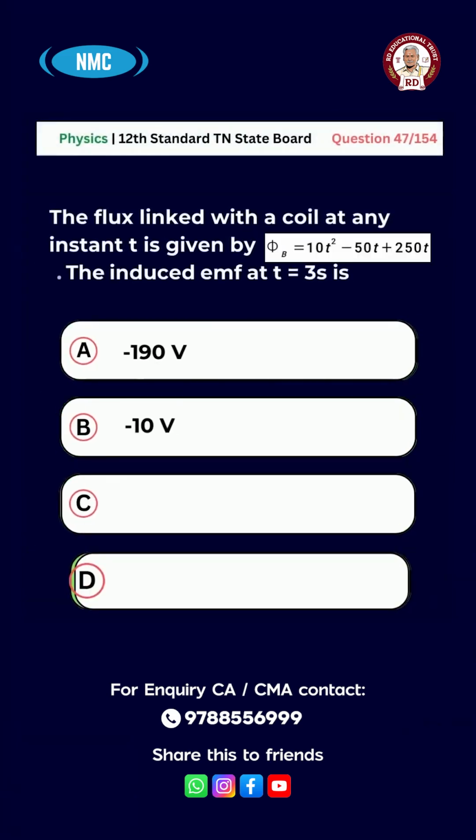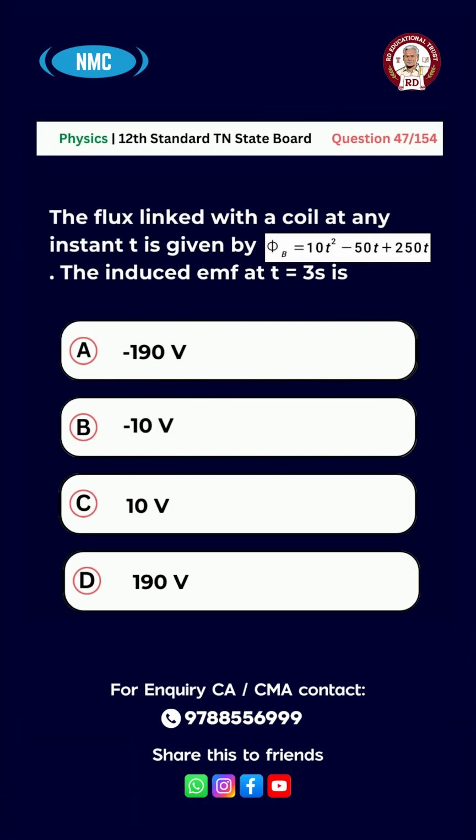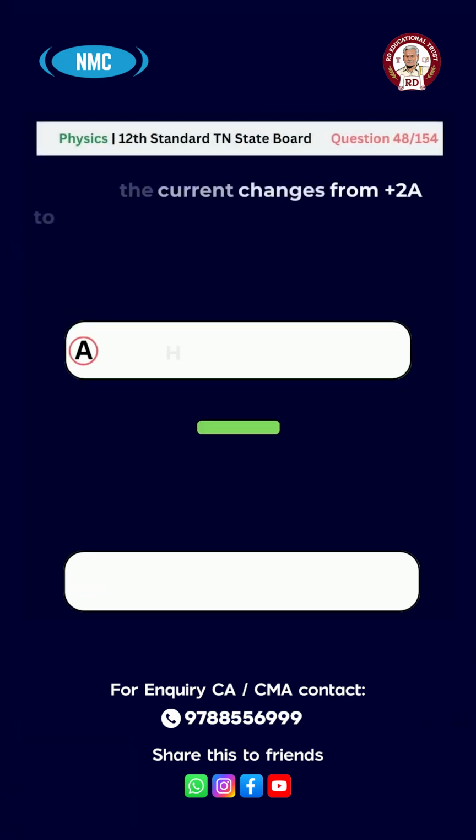Question number 47. The flux linked with a coil at any instant t is given by phi equal to 10t² minus 50t plus 250. The induced EMF at t equal to 3 s is option A, minus 190 V, B, minus 10 V, C, 10 V, D, 190 V. Right answer is option B, minus 10 V. Question number 48.